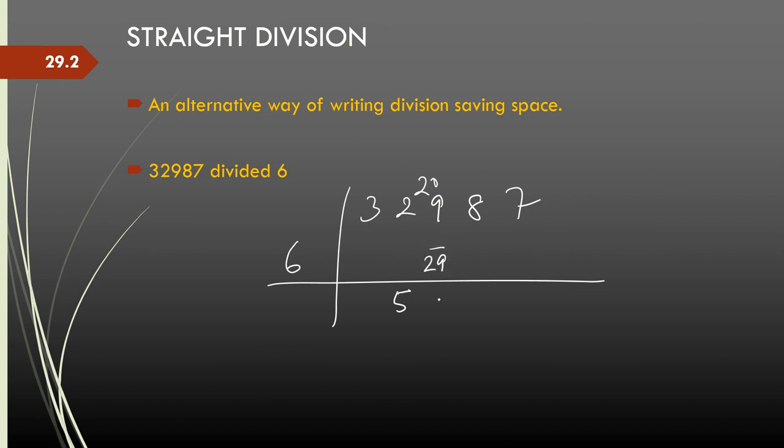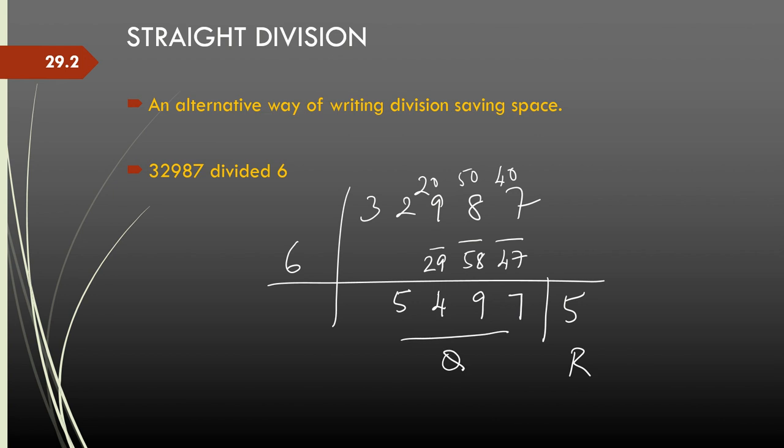So, 29 I am dividing by 6, 6 4s are 24, so 5 gets carried as 50, then I get to 58, 6 9s are 54, 4 gets carried forward as 40, then I get 47, then 6 7s are 42, and 5 is the remainder. So, remainder is 5 and quotient is 5497.